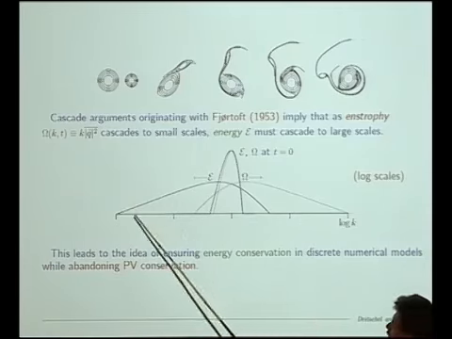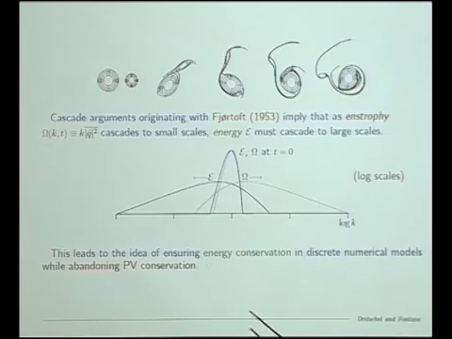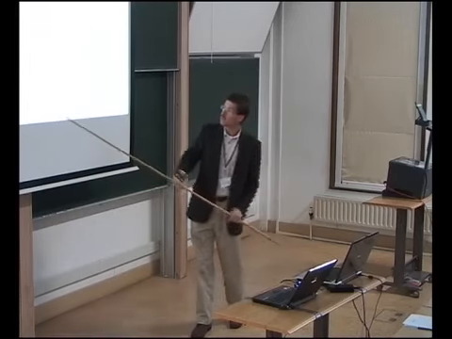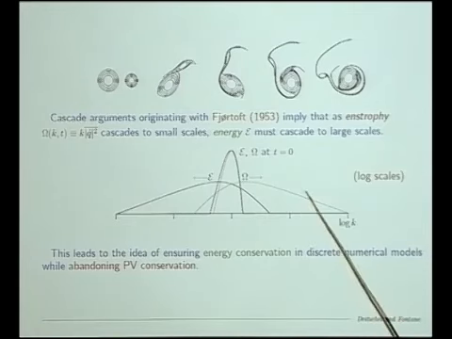So the standard picture we have from Fjortoft is that we start from energy and entropy peaked at some wave number at initial time, then the energy tends to spread to large scales, with the centroid of the energy moving towards large scales and the centroid of the entropy spectrum going to small scales.